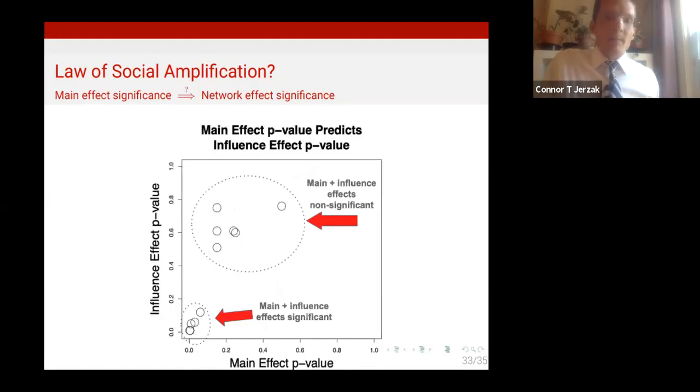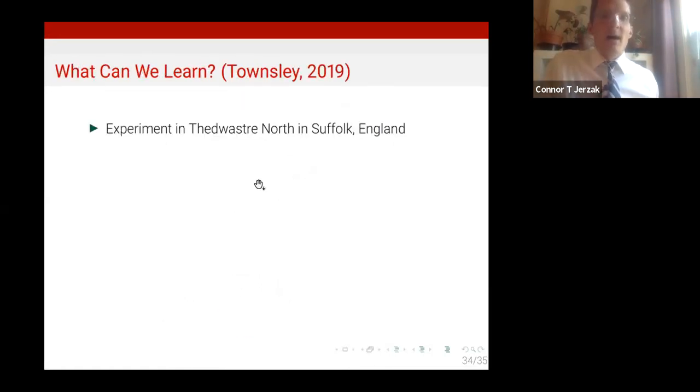But now let's turn to the question of what we can learn in an example from this, moving back to the original experiment that we talked about at the beginning, the experiment done in Suffolk in the United Kingdom, in a particular part of Suffolk, Bedwastre North, which has a population of about 10,000. In this experiment, about 3,000 were treated.